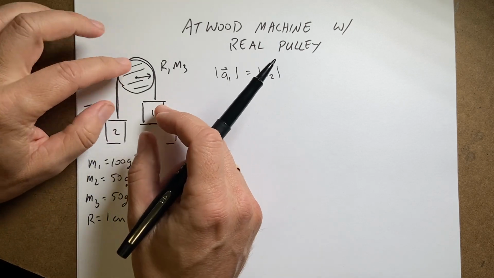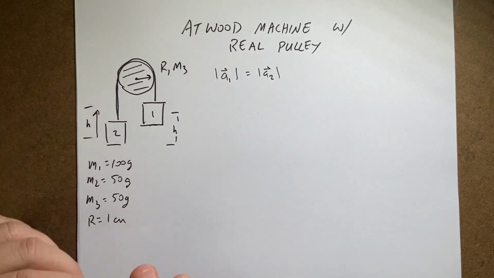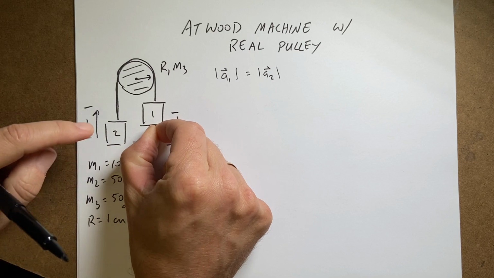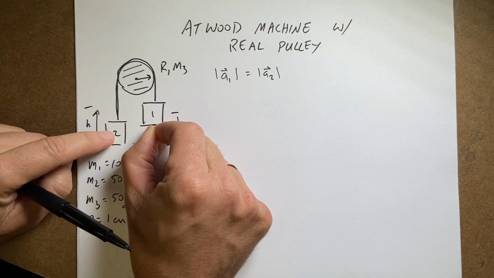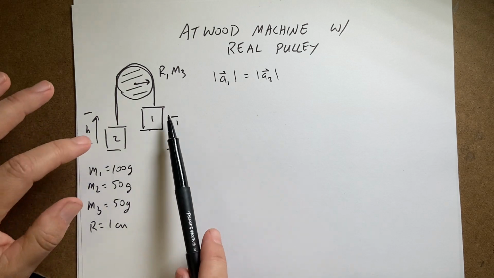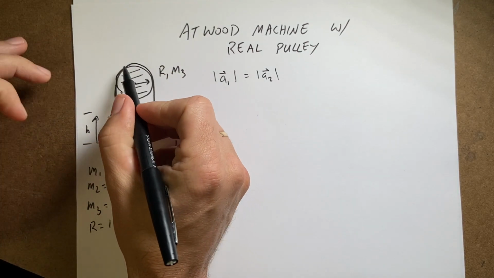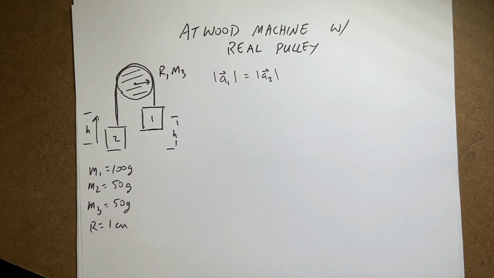Because imagine this is a really heavy cylinder there, and I pull and it doesn't slip. And I pull here really hard, but the thing doesn't move. Well, then this isn't going to move either. So the tension here would just be equal to the weight of this thing. But the two tensions would not be equal. Okay, so the tension on the two masses no longer has to be equal because there's a friction interaction between the rope and the pulley.